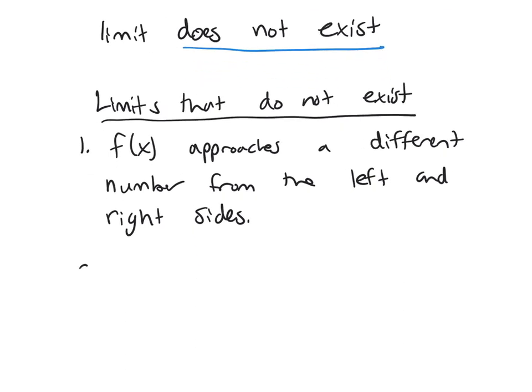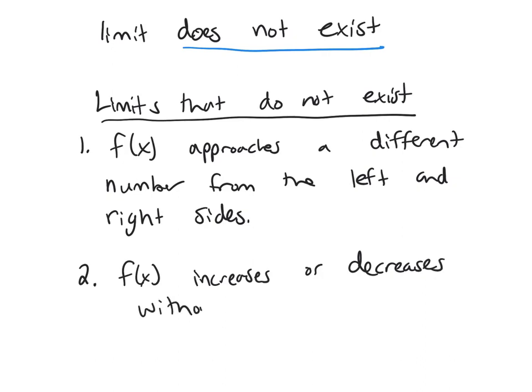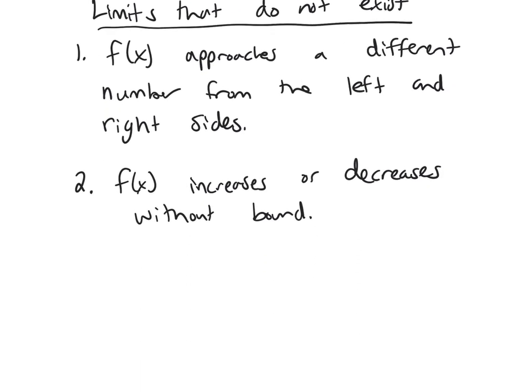Then the second possibility for a limit not existing is that your function either increases or decreases without bound. So we saw that here in our example, it increased without bound.